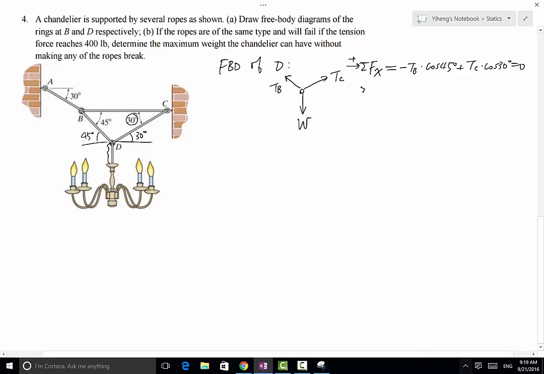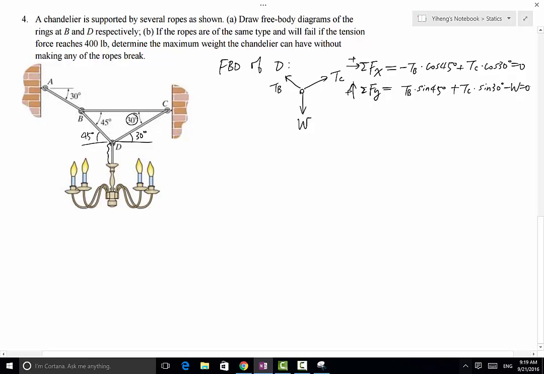And the resultant force along the y direction, this is positive, equals TB times sine 45 degree plus TC times sine 30 degree minus W, equals 0. So even though I cannot solve for TB and TC explicitly, I can solve both of them as functions of W.